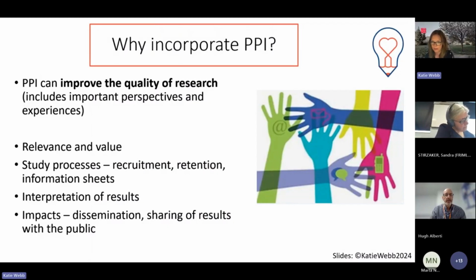Thinking about impacts, it's really valuable to have this involvement, engagement, and co-production in terms of dissemination of the results and sharing of those results with the public. How do those results come across, for instance? Do they make sense to someone?